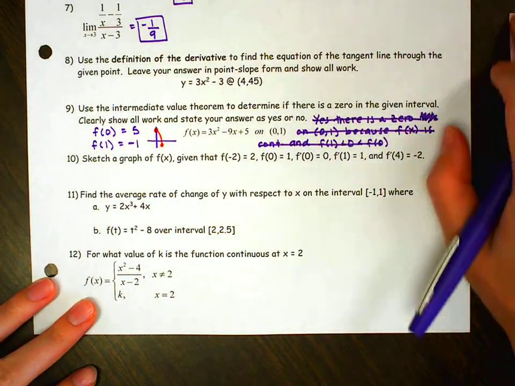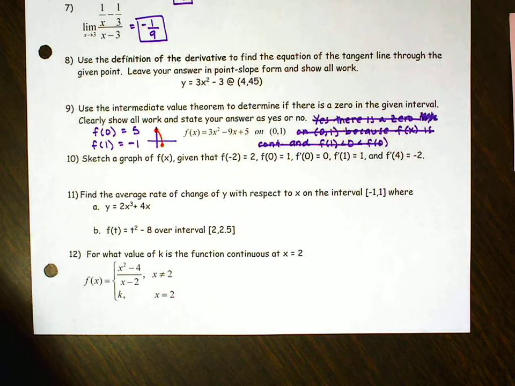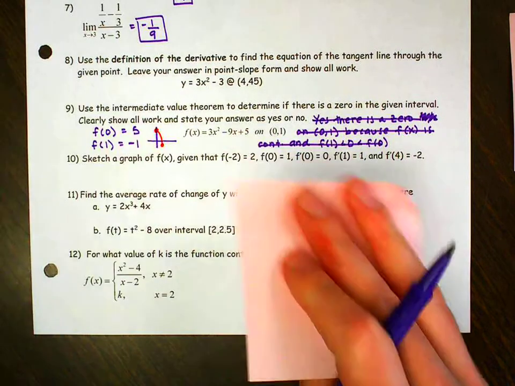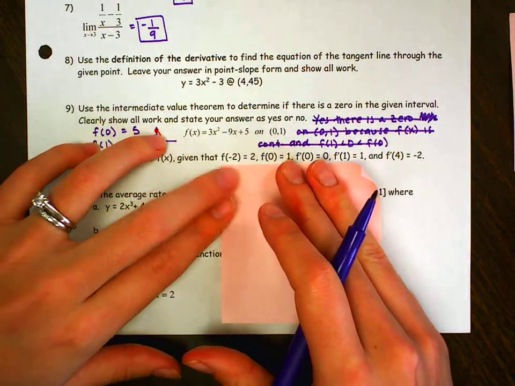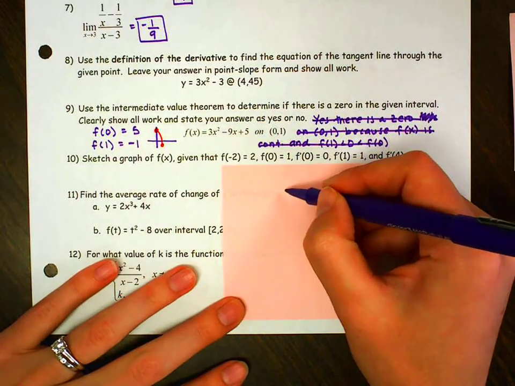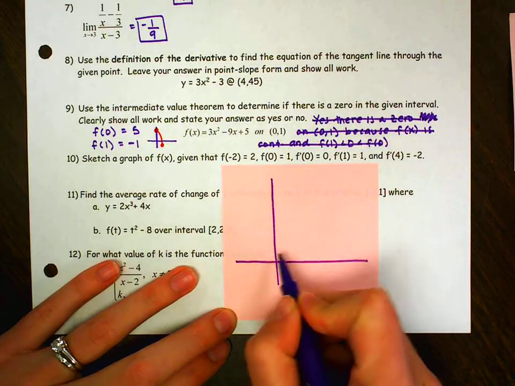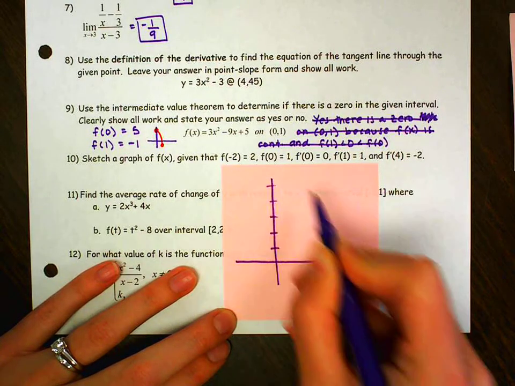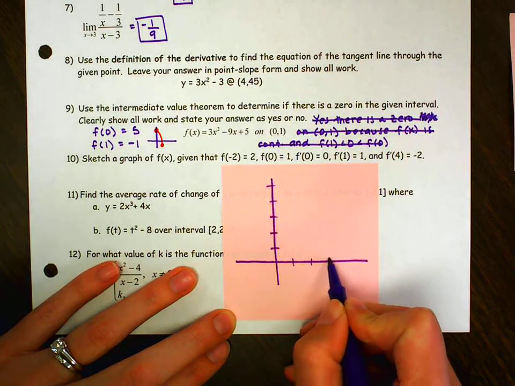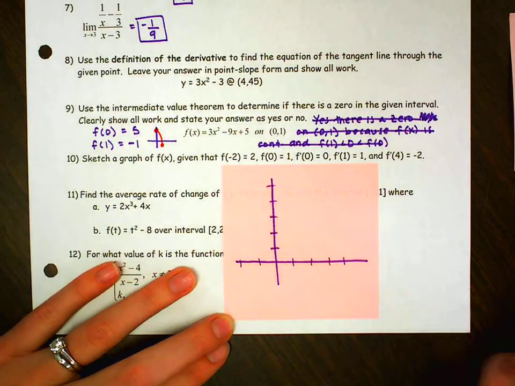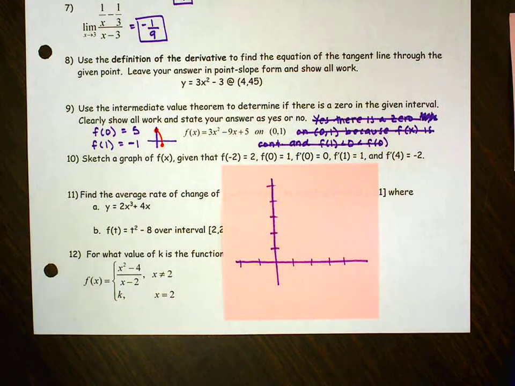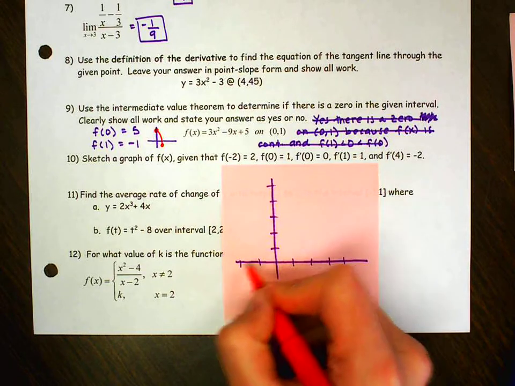Okay, number 10. Sketch a graph of f of x given all of these things. So let's do it. We know that there's a point at -2, 2.